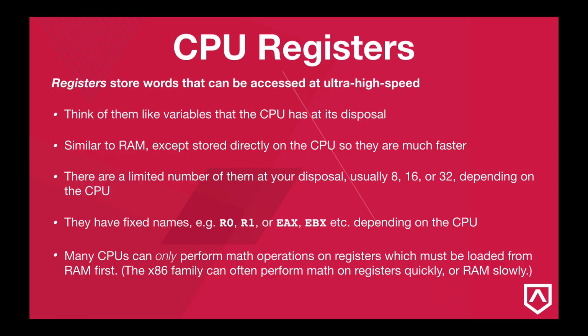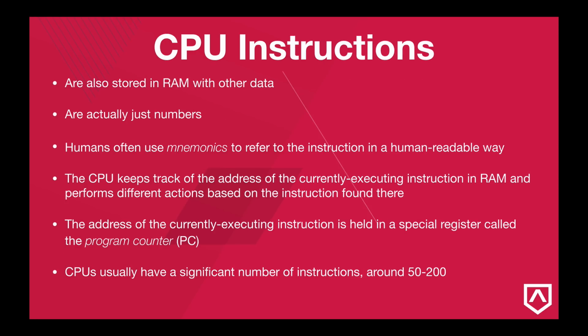But what actually causes the CPU to decide what to do? An add or a multiply or whatever? It has to do with the CPU instructions. The CPU instructions are also stored in RAM with other data. Now that's kind of interesting. If RAM stores numbers, that must mean the CPU instructions are just numbers.